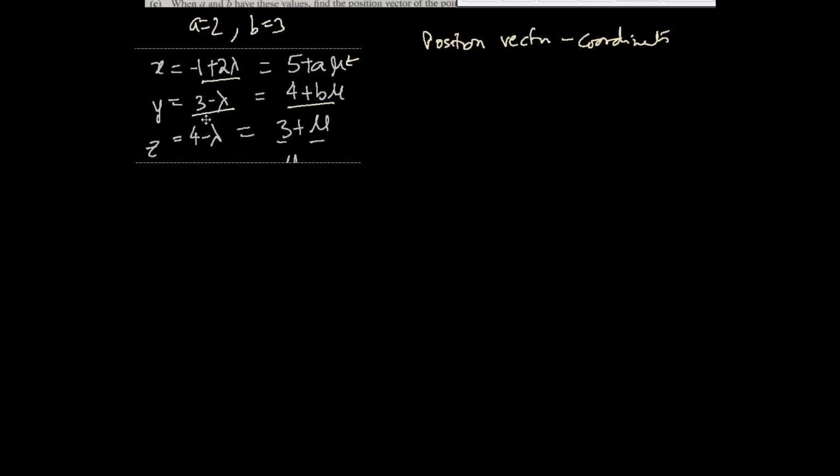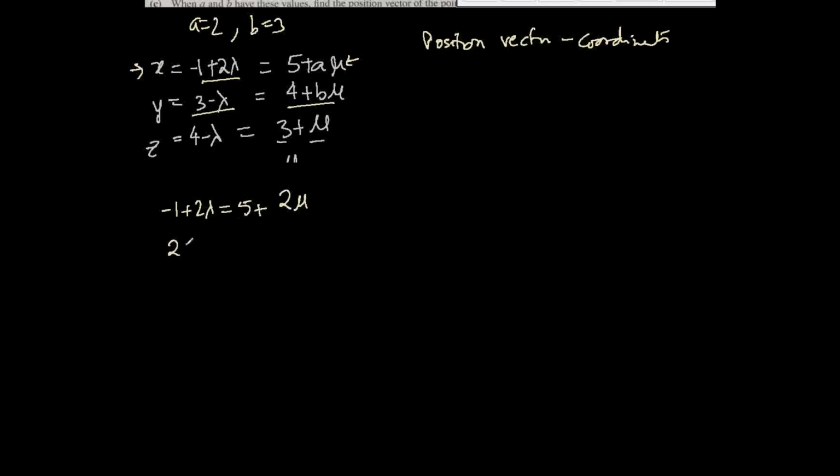These were the equations, and now we need to find the value of lambda and mu. Let's go to the first equation. Minus 1 plus 2 lambda equals 5 plus a, which is 2, times mu, right? So can we get one equation out of this?